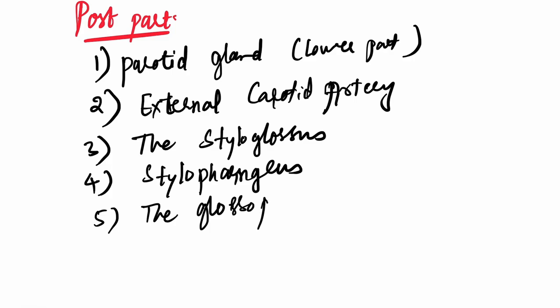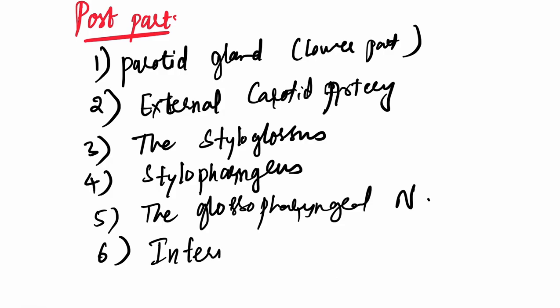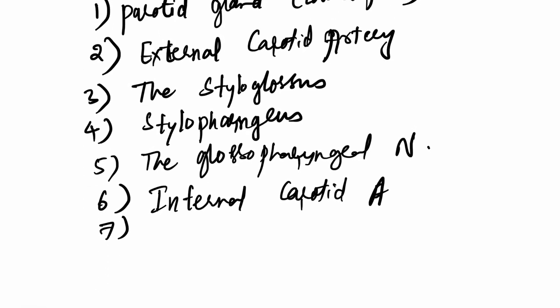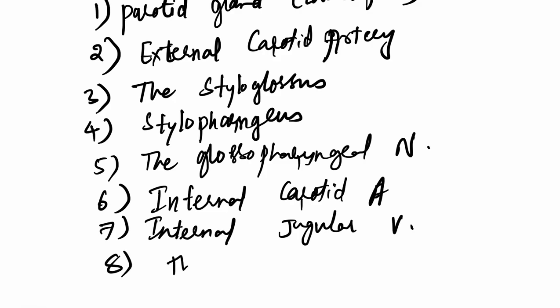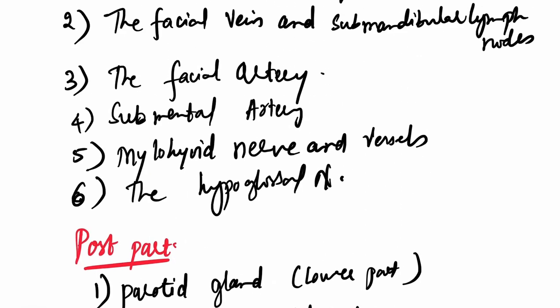The deepest structures include the internal carotid artery, then the internal jugular vein, and finally the vagus nerve. This is all about the digastric triangle or the submandibular triangle.